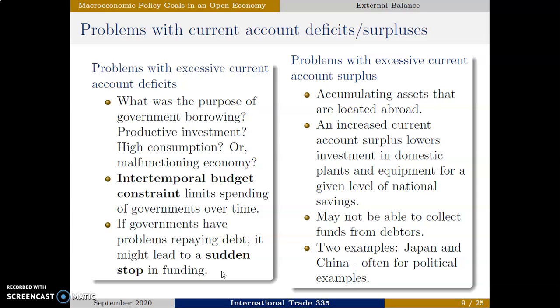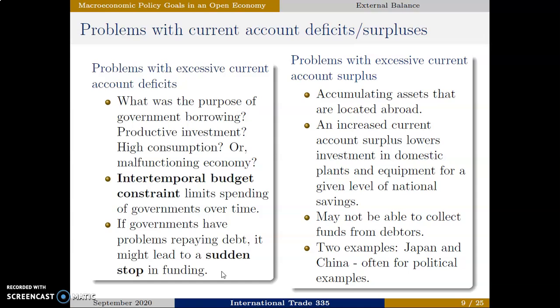Problems with excessive current account deficits include the question of what the purpose of the borrowing is. Was the borrowing for productive investment or high consumption? Productive investments generally tend to repay for themselves when completed, while consumption does not, as it is a once-off use of borrowing. There might also be problems with policy or malfunctions in the economy, like market structure problems.